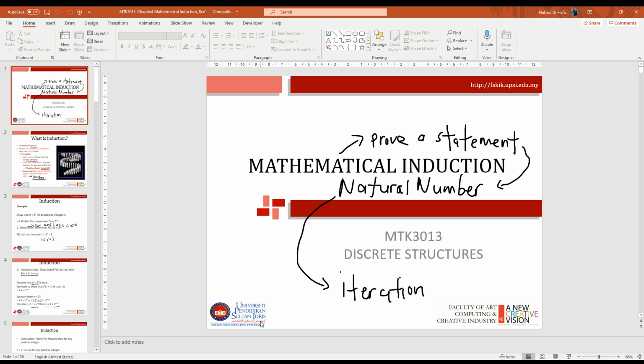Secondly, we want to assume the statement holds for some k, for all numbers less than or equal to k. And then number three, based on the induction step, prove the statement holds for the next step based on the induction hypothesis. This one is based on the statement, and then natural numbers, and then it is based on the iteration.